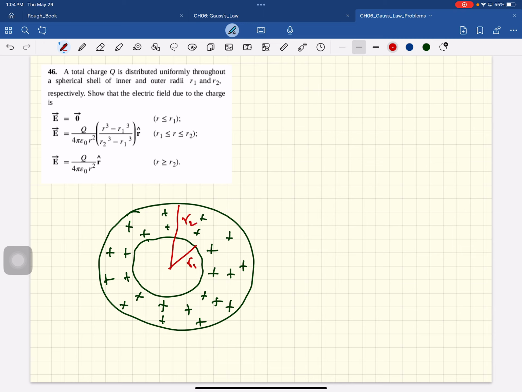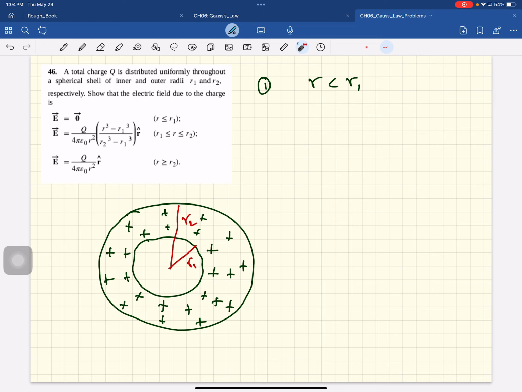All right, let's find the field first for R less than R1. If there is any field at all, if you're inside, you would think that the field would be in this direction, away from the positive charge.